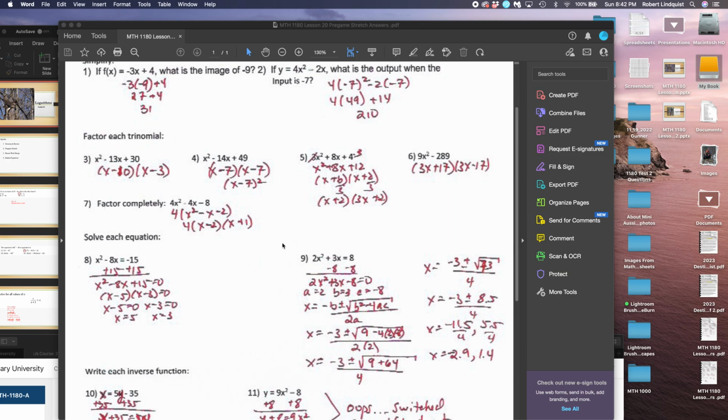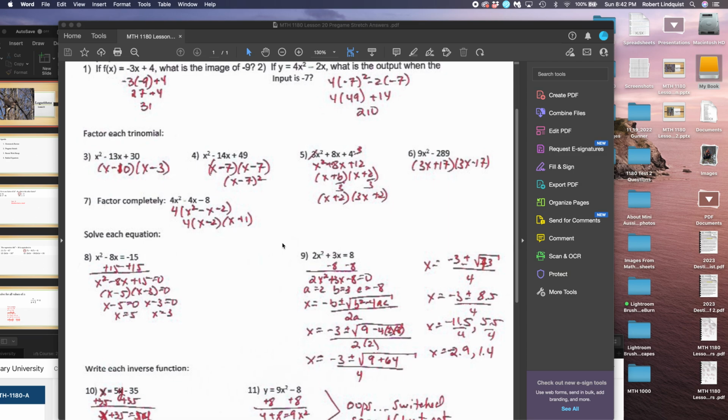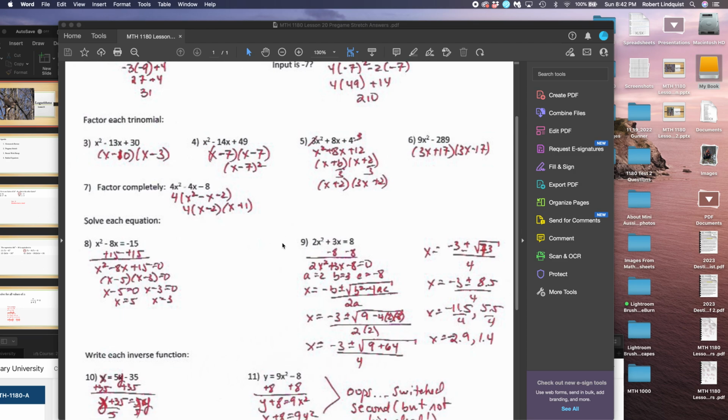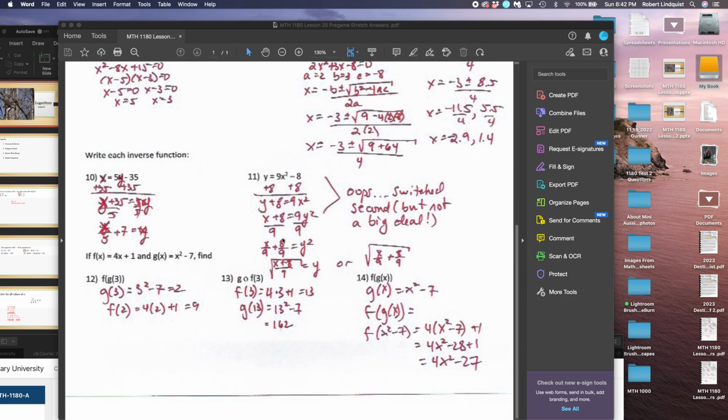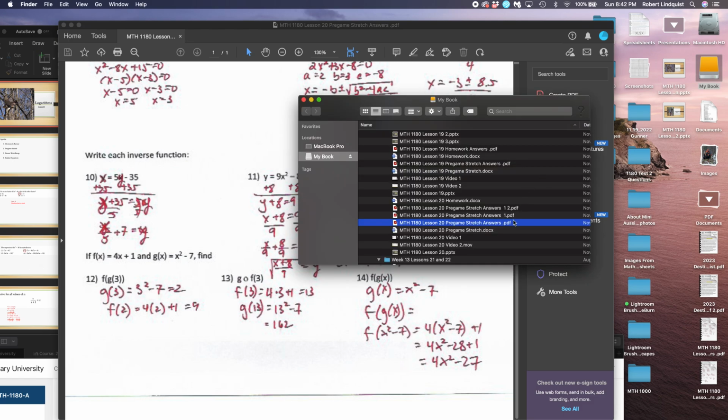Set up office hours. Remember, always email me first for office hours. And I actually think for the pregame stretch that there's a second sheet in here. Answers 2, yep.